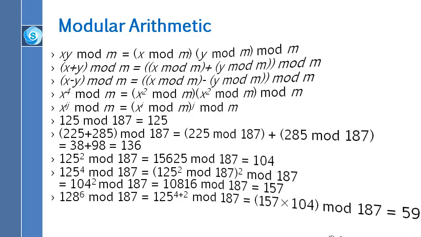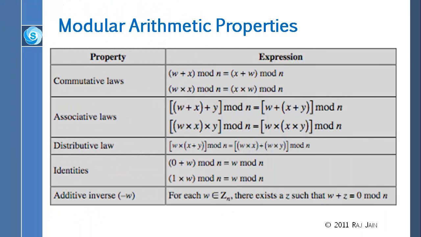So in modular arithmetic, you can do addition, and addition is commutative. So w plus x is the same as x plus w. w times x is the same as x times w. Associative: you can do anything first. You can do w plus x and then add y, or you can first do x plus y and then add w.